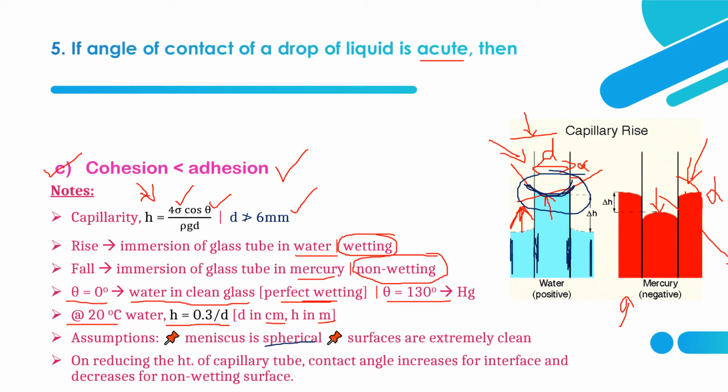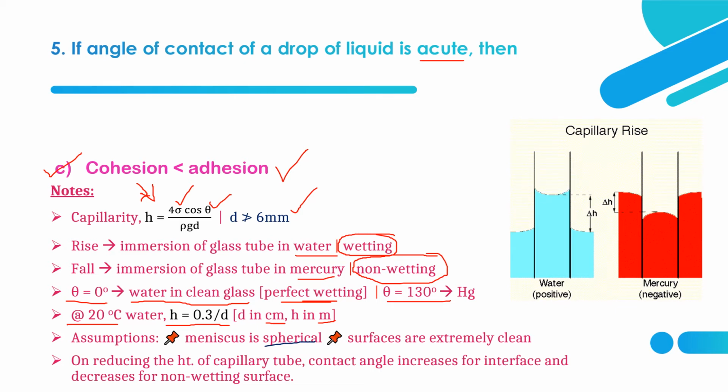What happens on reducing the height of the capillary tube? What happens if the height of the capillary tube is reduced? For example, say this capillary tube has a height only up to this point. What happens to the capillary rise? The contact angle increases. So the contact angle gets highly increased.